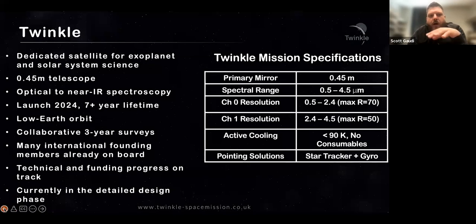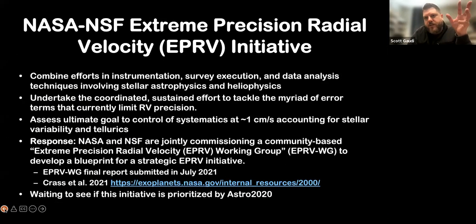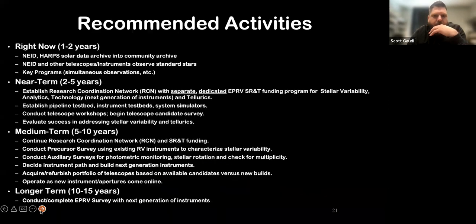Okay, so I will mention, though, unfortunately, this was not specifically called out in the Astro2020 Decadal Survey, although the main reason was likely that it was too small of a project, at least in the eyes of the steering committee, to be prioritized. But there's still some effort to try to see if this initiative can actually get going. And it's an important precursor science for things like LUVOIR, which I could talk about if you'd like.